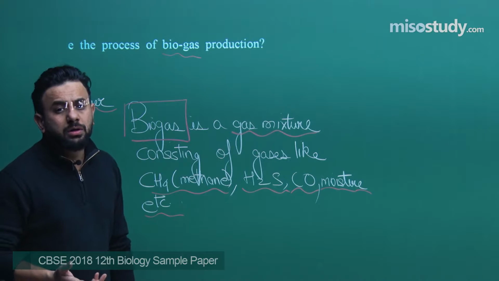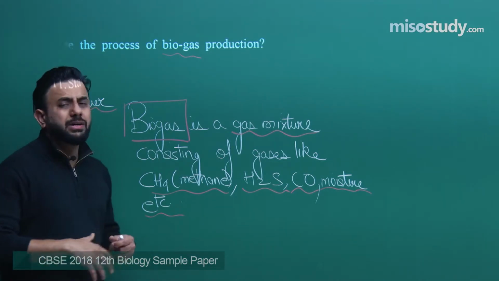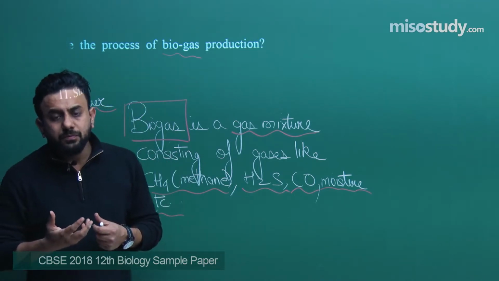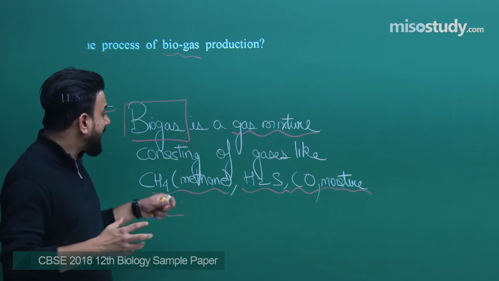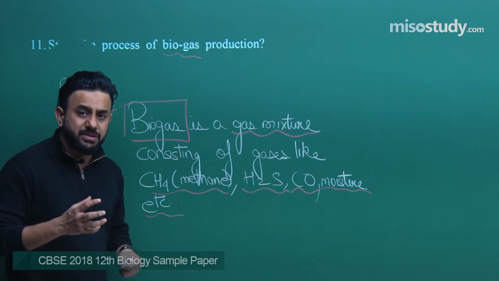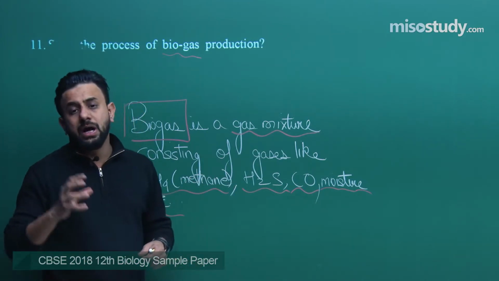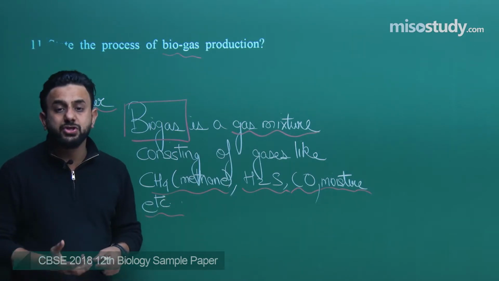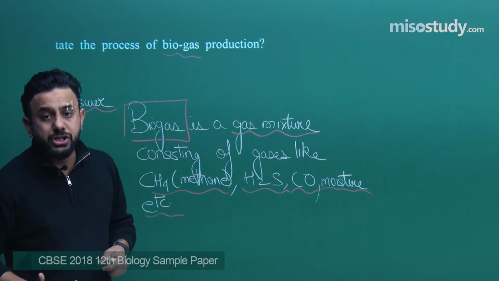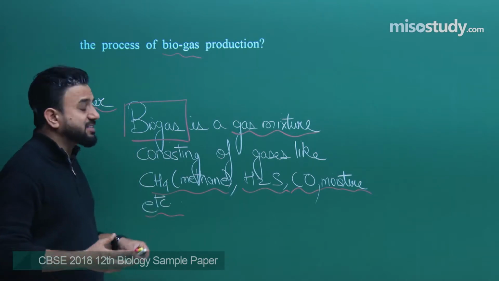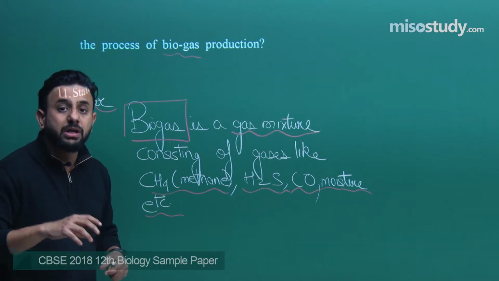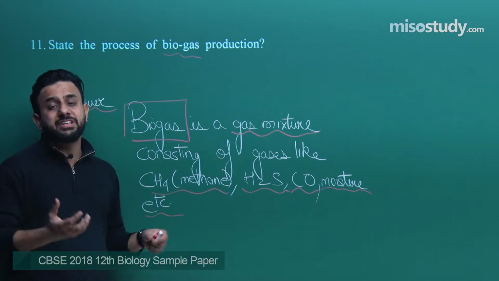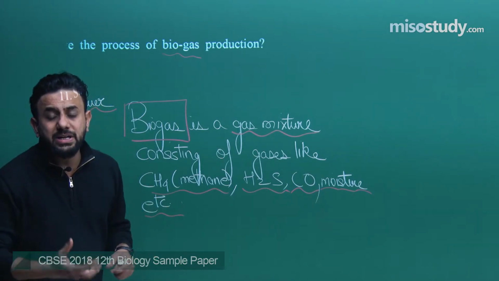Now we will see what a biogas can be used for. A biogas contains these gases, and they are combustible. They can burn in the presence of oxygen and release energy.